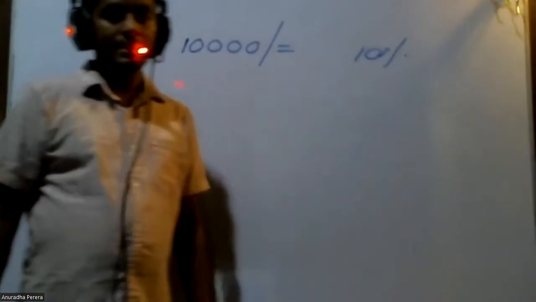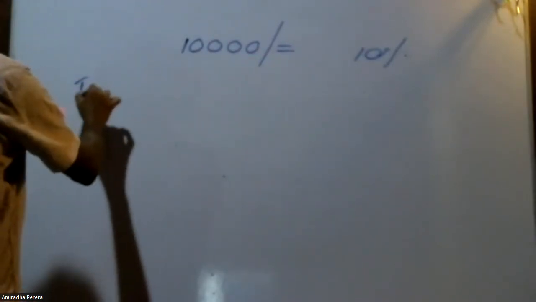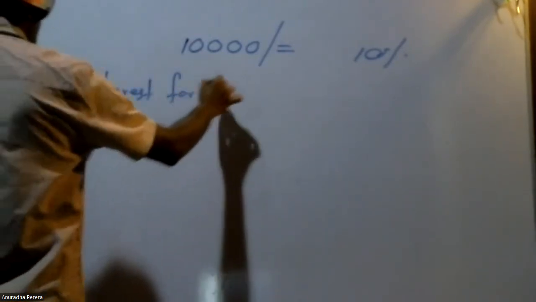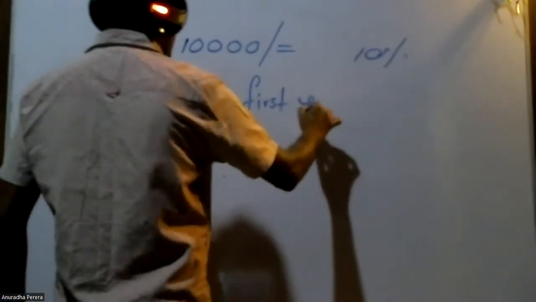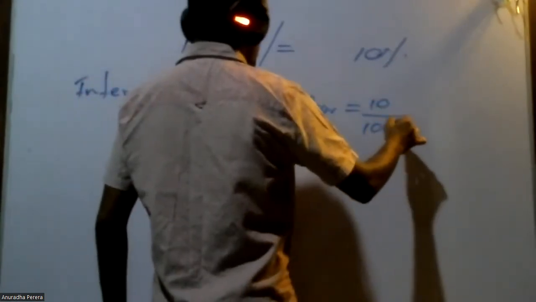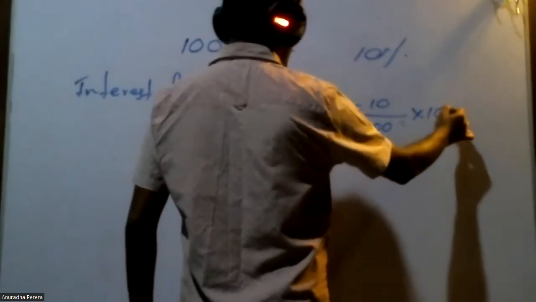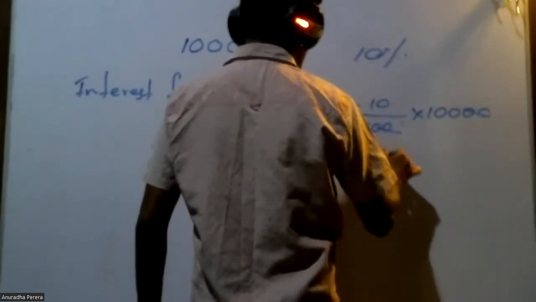Then first we can determine interest for the first year. 10% into 10,000. Simplify, 1,000 rupees. Right?